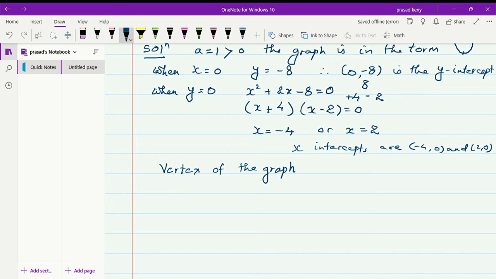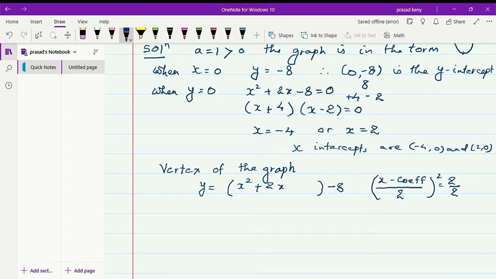So here y = x² and 2x I will take together, negative 8 I will keep outside the bracket and take the x coefficient divided by 2 and square it, that will give 2/2.